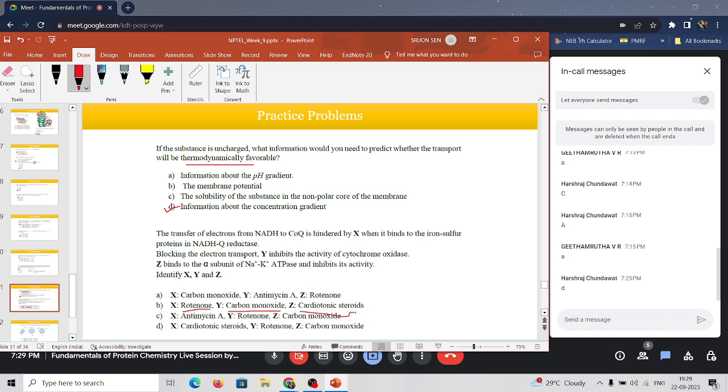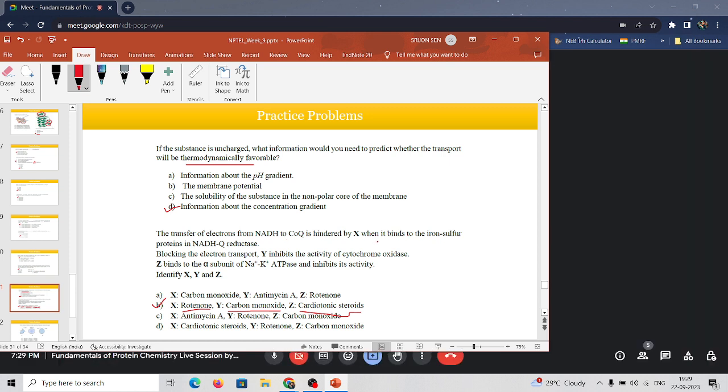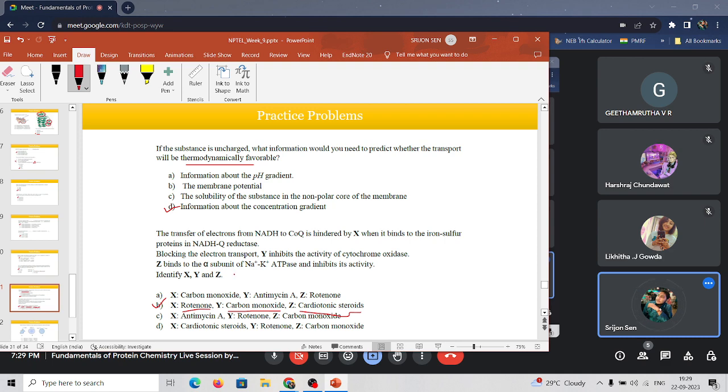So rotenone, carbon monoxide, and cardiotonic steroids are correct. So B would be the right answer over here. Just keep in mind that rotenone is hindering your NADH coenzyme activity by binding to the iron sulfur.